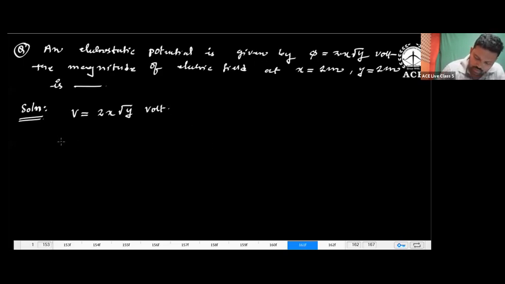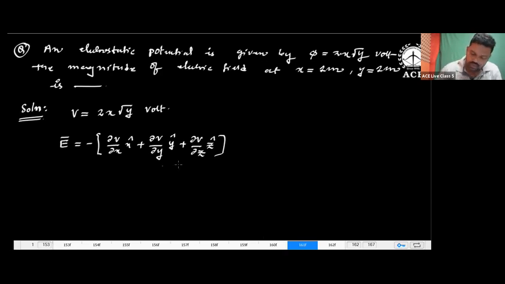So what is the electric field? E is minus dou V by dou x x cap plus dou V by dou y y cap plus dou V by dou z z cap, beta.